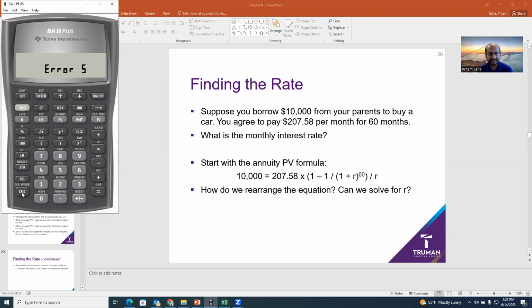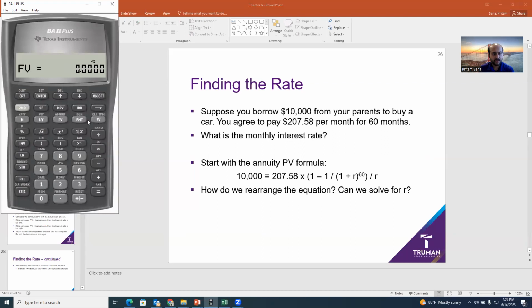Oops, I made a mistake. So let's clear everything. 60 is the number of payments, present value is 10,000, which is positive. Payment is 207.58, which should be negative.